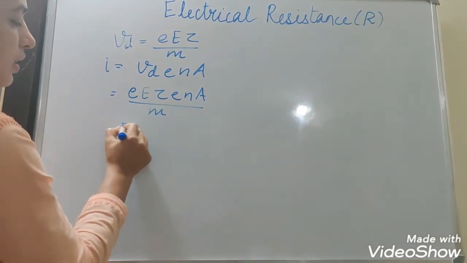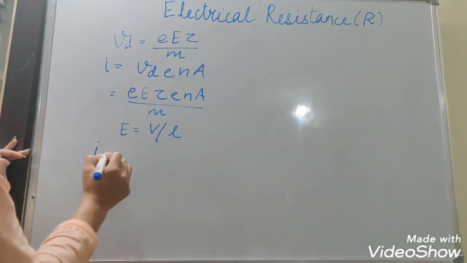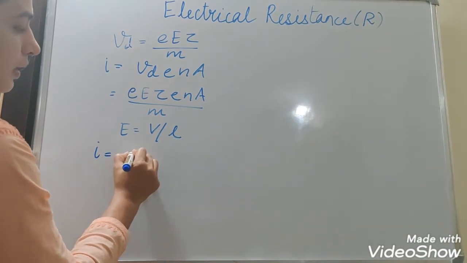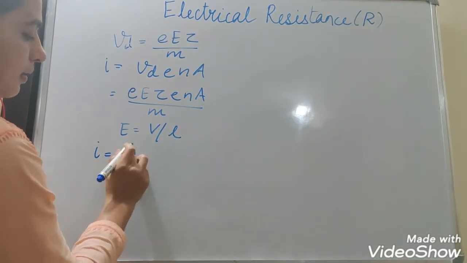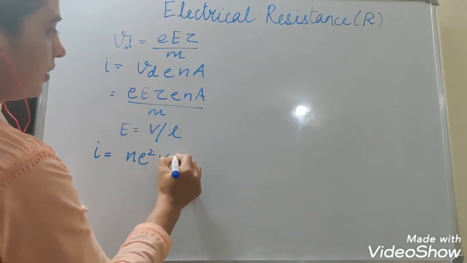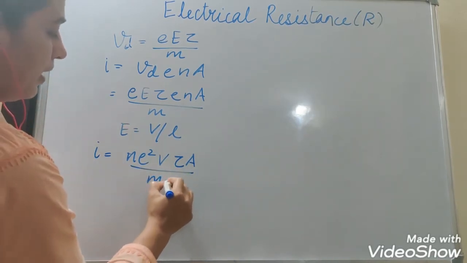We know E is equal to V by L, so I can be written as n E square V tau A by ml.